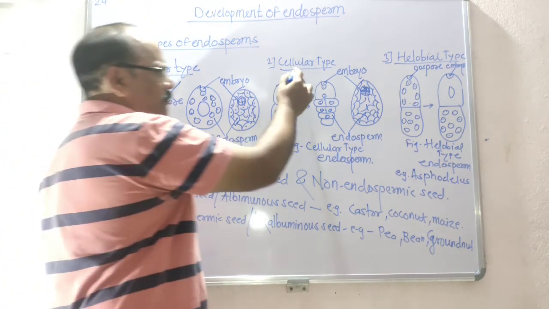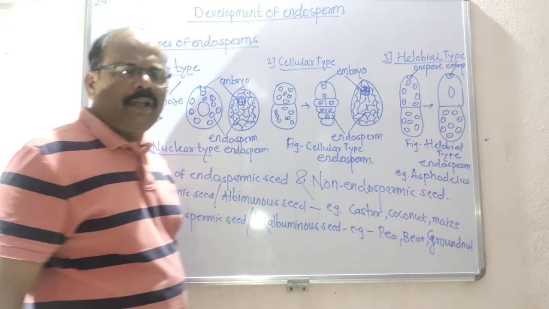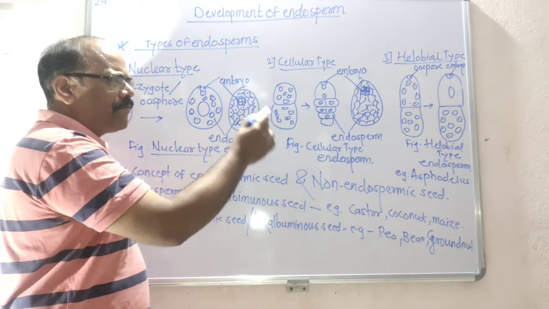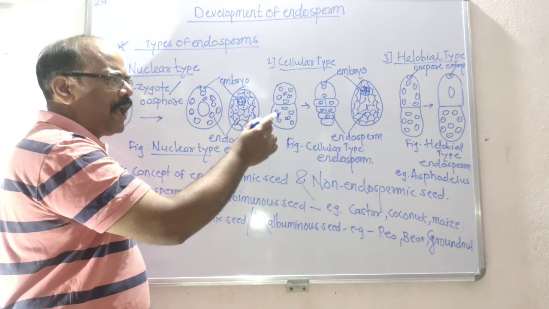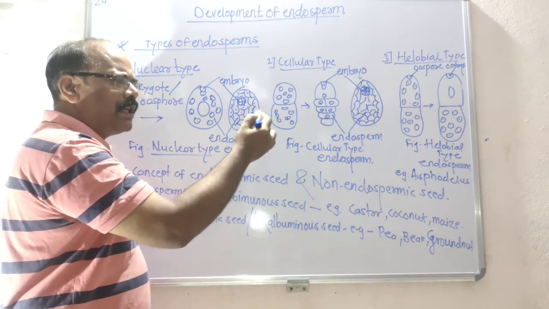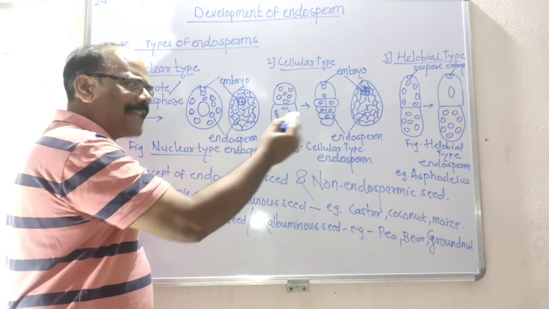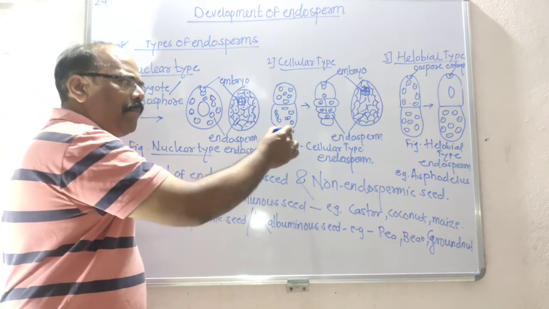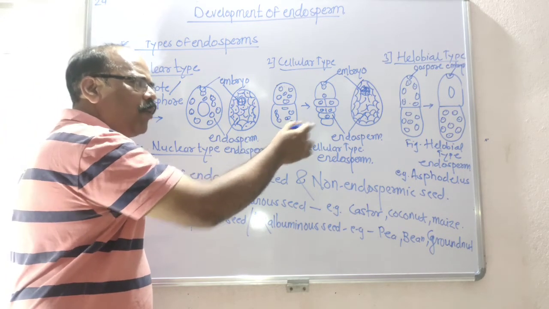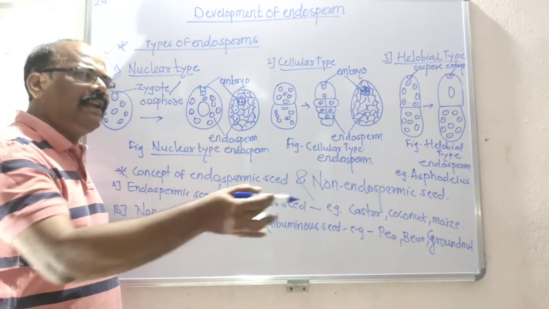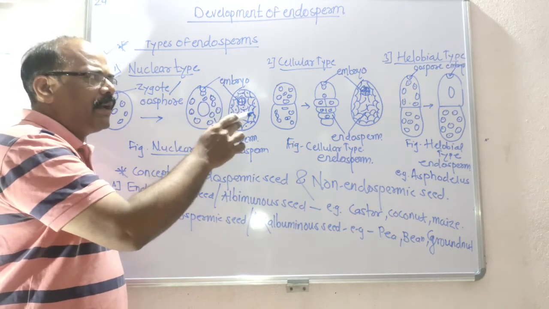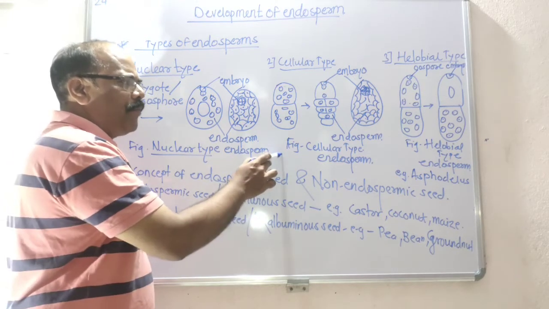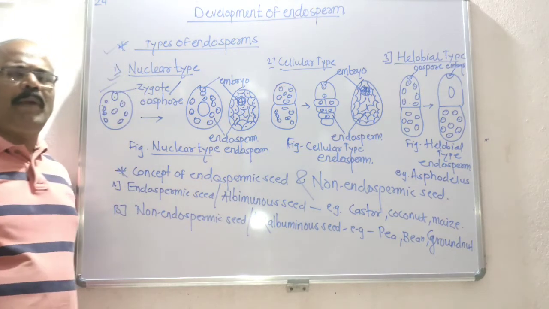The next is the cellular type of endosperm. In the cellular type, the triploid primary endosperm nucleus undergoes repeated mitotic division, and simultaneously cell wall formation takes place. That means cell wall formation occurs from the beginning along with the repeated mitotic division of the triploid primary endosperm nucleus. This type is called the cellular type of endosperm.